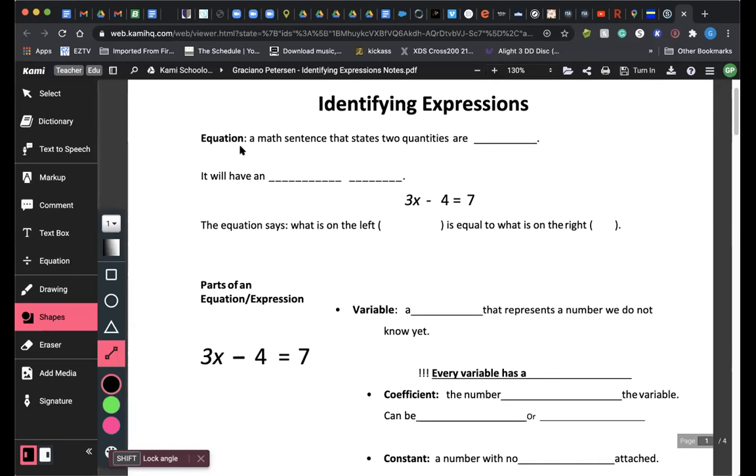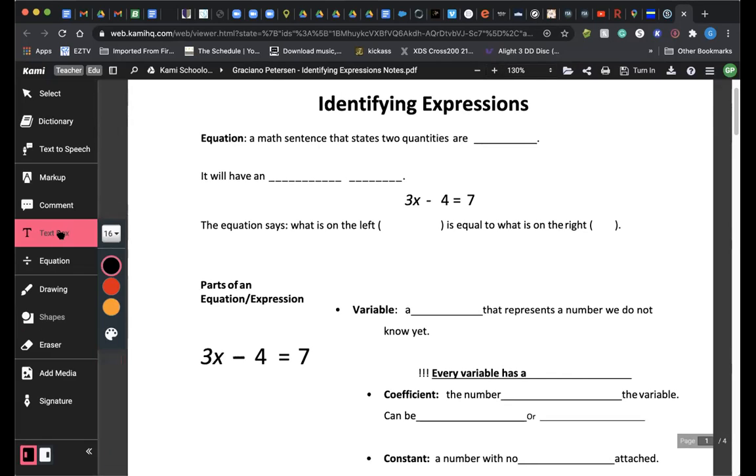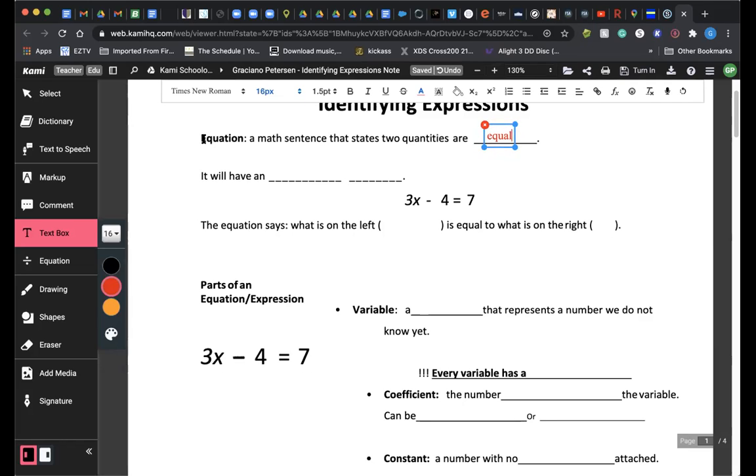So an equation is a math sentence that states that two quantities are what? How do we finish that statement? Equal. Okay, that's how we get the word equation, right?